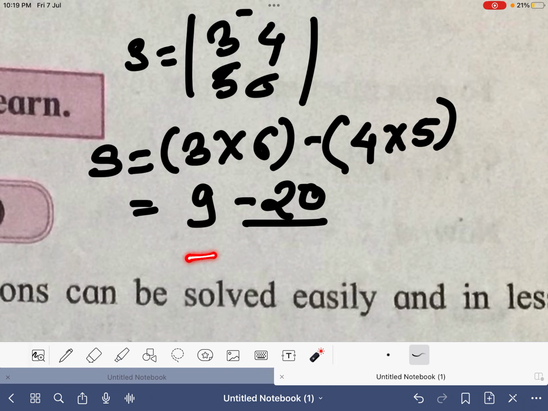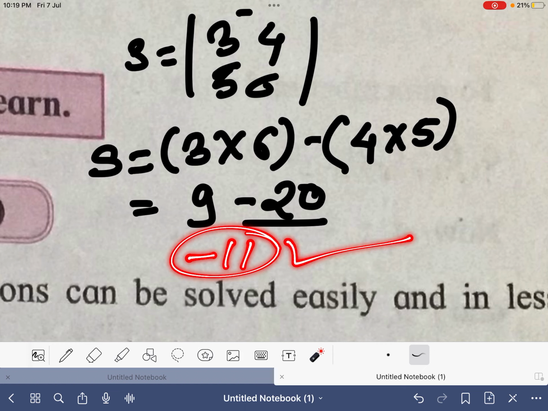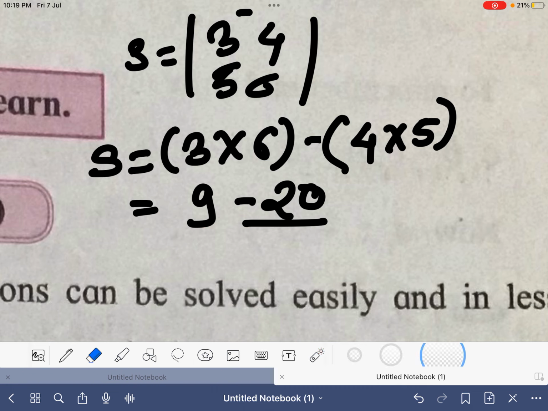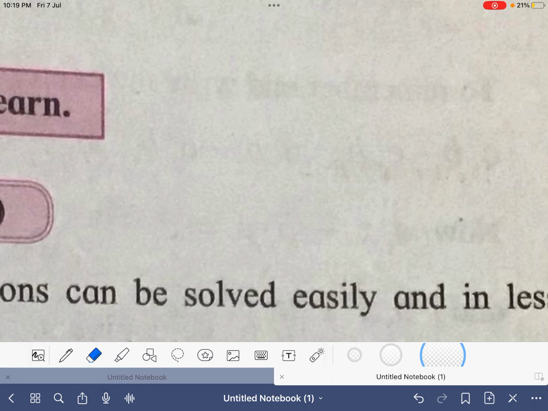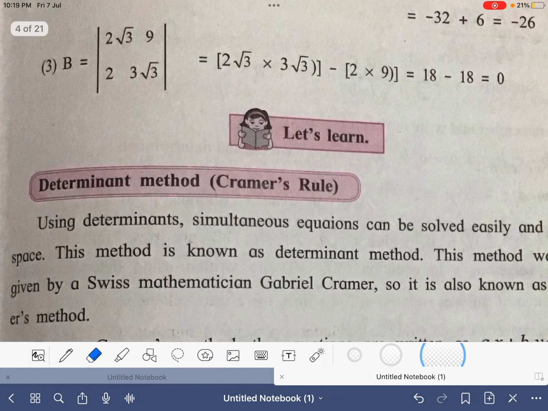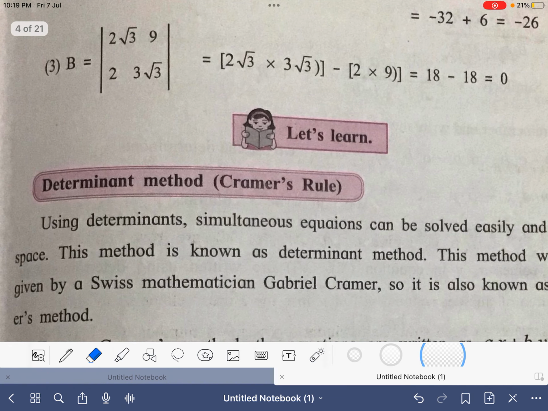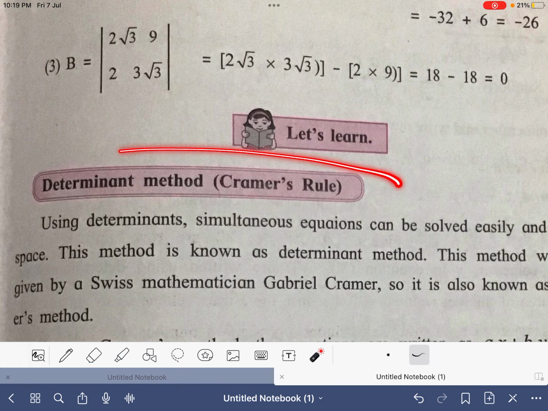So minus 11 is the correct answer for this one. Clear? Chalo. Now let's move to the next point, where we are solving the formula, or we are discussing Cramer's rule.